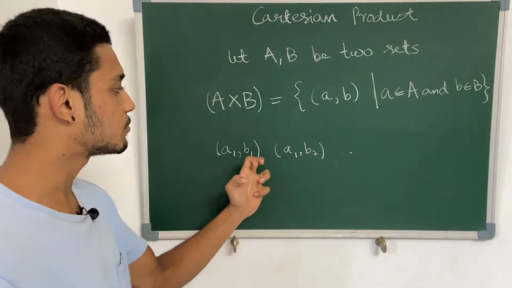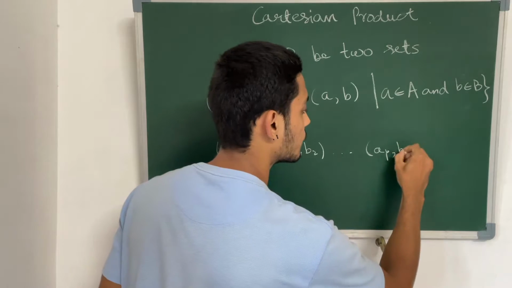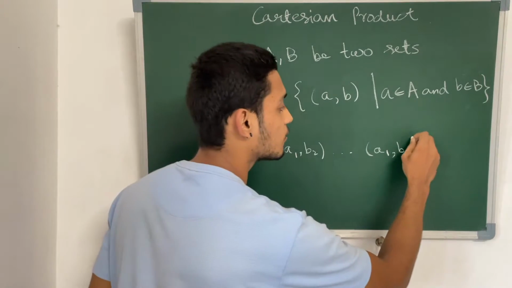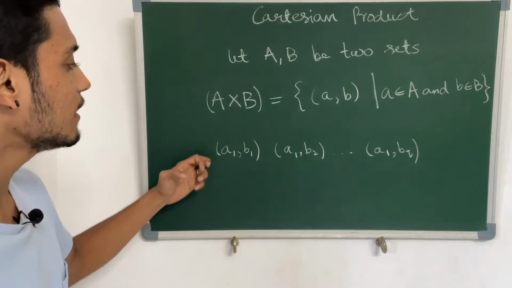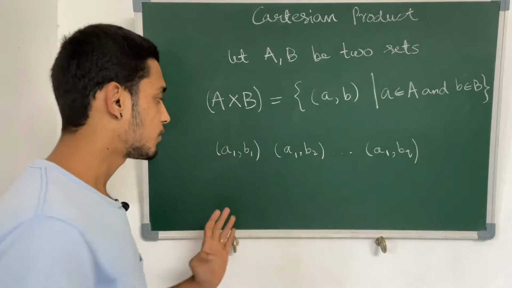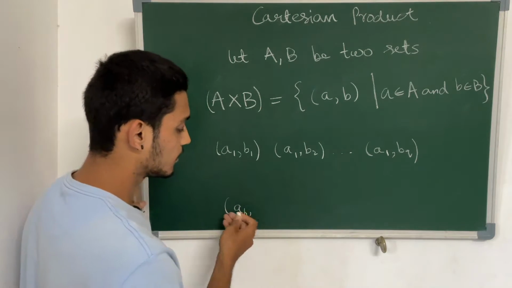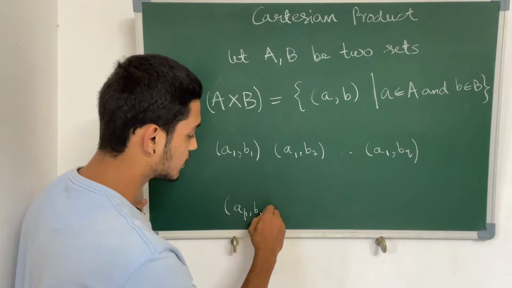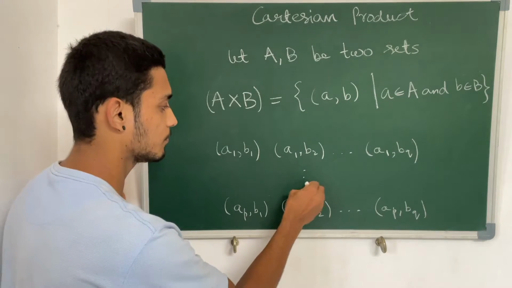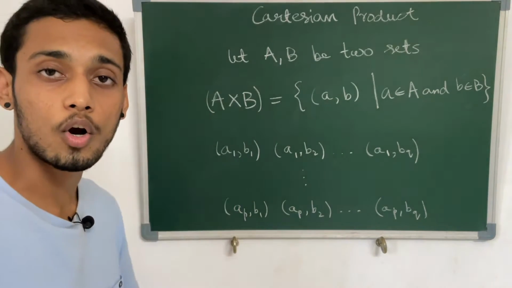In this way, A1 is matched with every element from B, including the last element of the set B. Similarly, A2, A3, all the elements will be matched with all the elements of B. Finally, the last element of the set A is also matched with B1. In this way we have all the possible combinations of these ordered pairs.